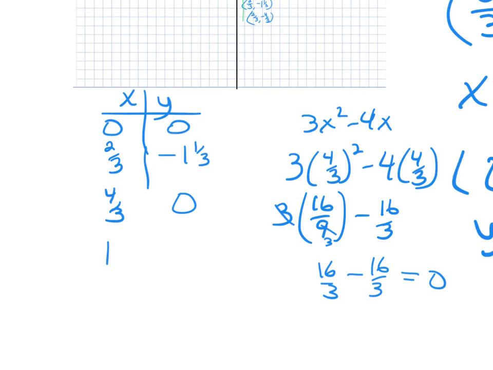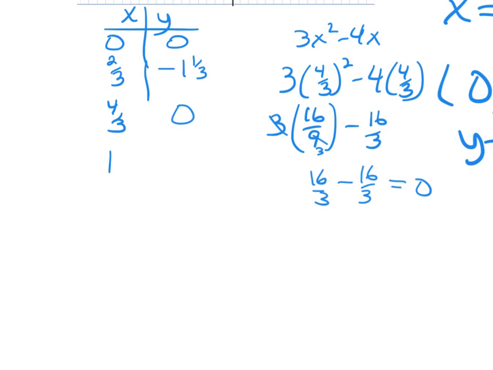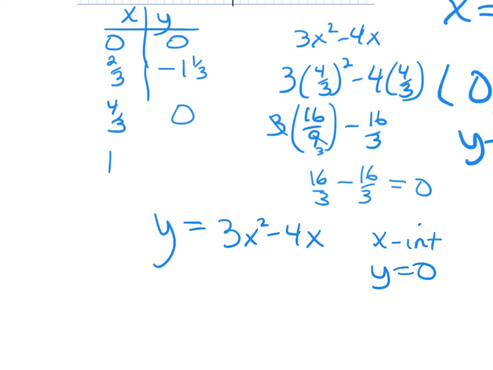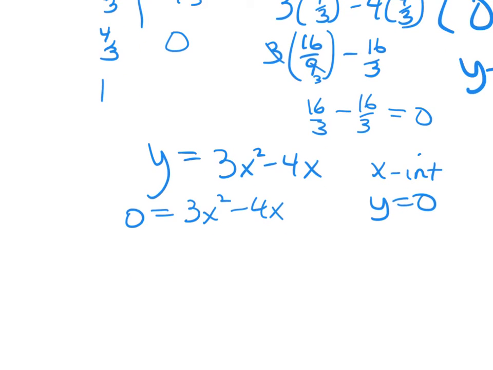Now, what we're also going to be doing later on is just taking your equation, y equals 3x squared minus 4x. If I want to find x-intercepts, I set y equal to 0. So 0 equals 3x squared minus 4x. I'm going to factor this. GCF here is x. And now I set each factor equal to 0.